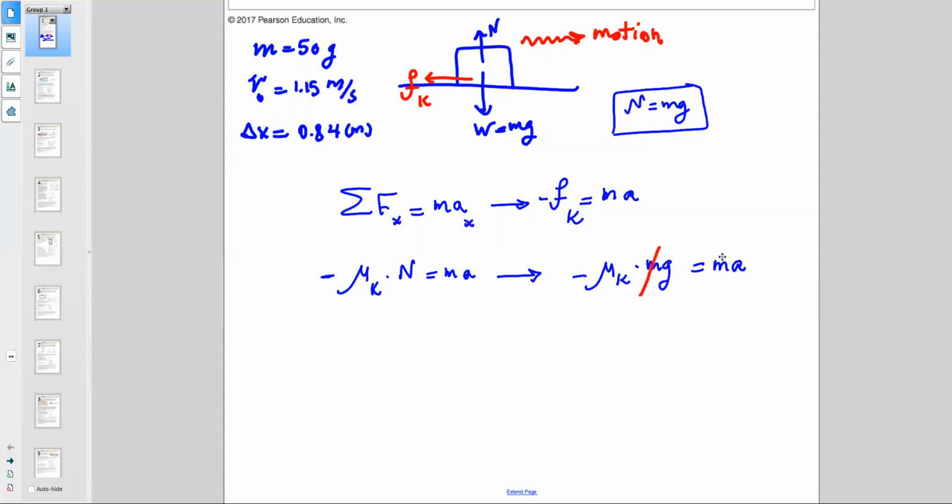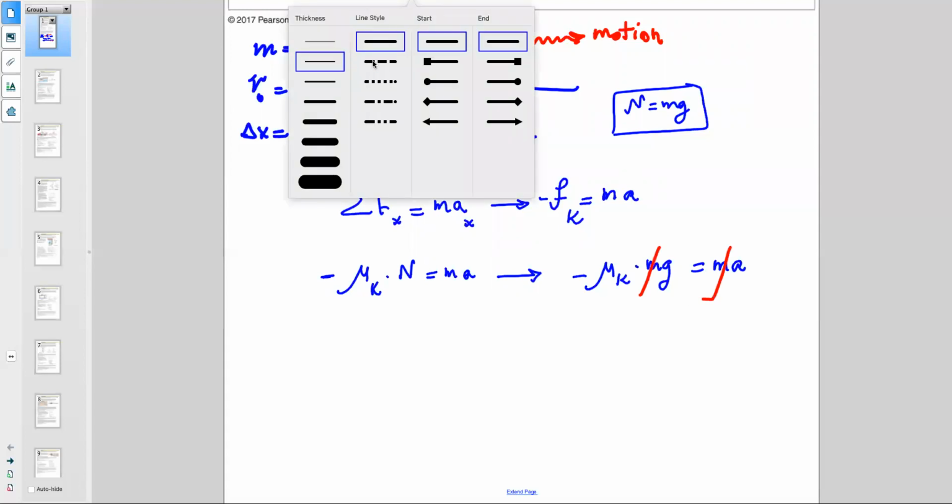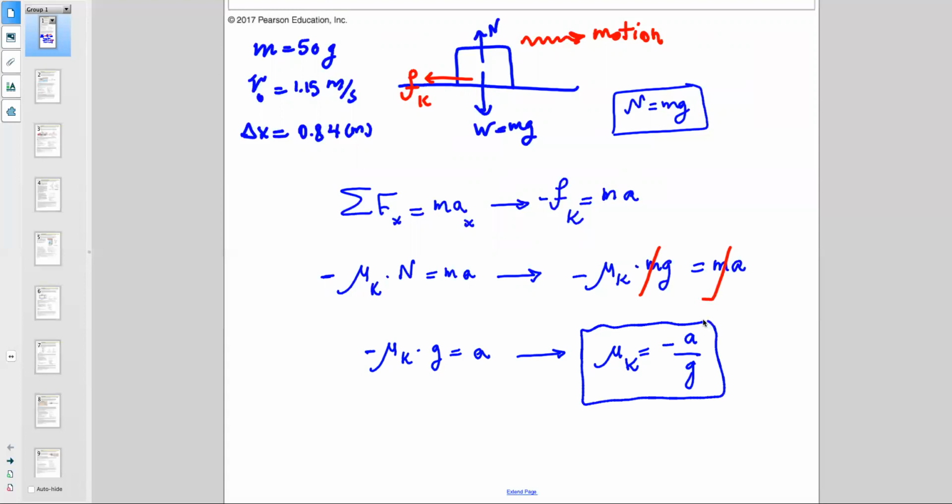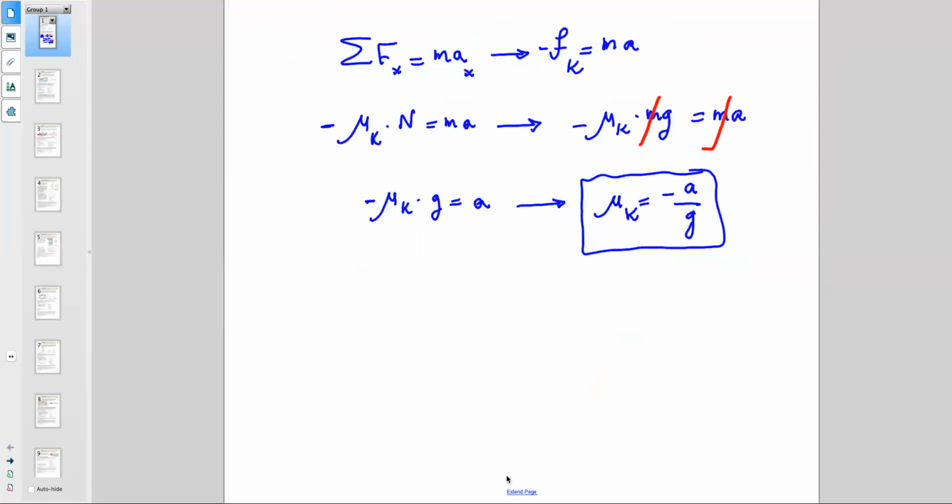So we have negative mu_k times g equals a. So I can find mu_k to be negative a over g. The problem here is that we know what g is, but we don't know what a is. So that's where we need to find the acceleration.